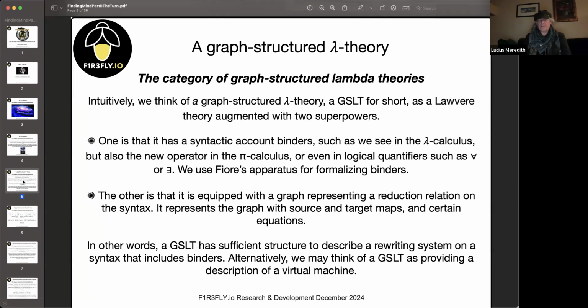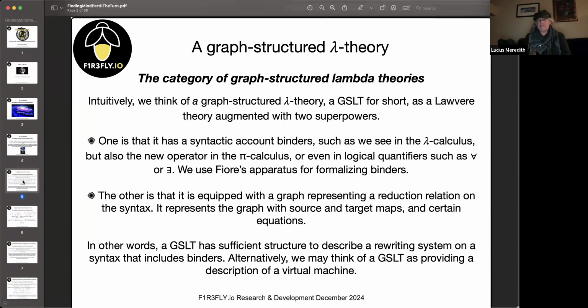And it turns out that binding is a super important compression technique when it comes to computation. So having binding available, even though it's not strictly necessary, is important to make things practical. So it turns out that Marcelo Fiore has developed a notion of binders, which we can add to the category of Lawvere theories, or the categorical structure that allows us to express Lawvere theories.